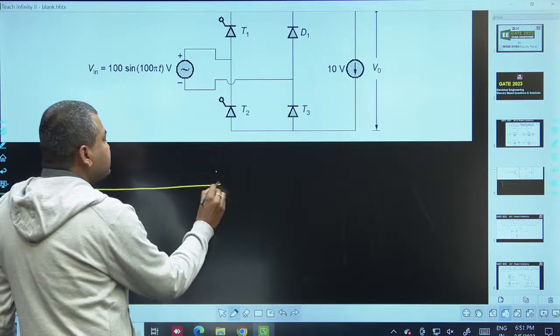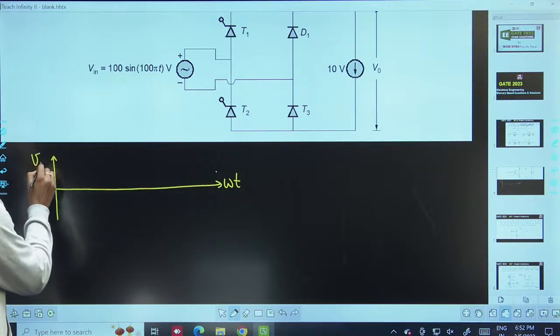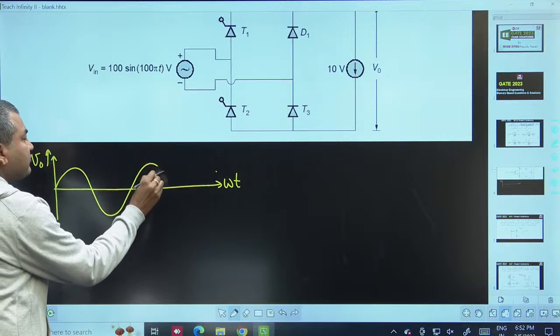The main thing is you have to understand the output voltage waveform, so that it will be very easy for you.